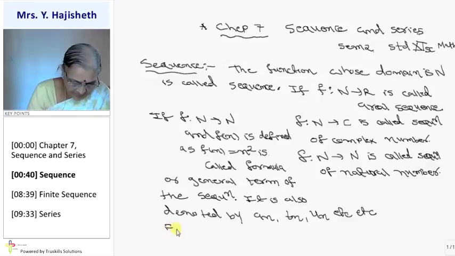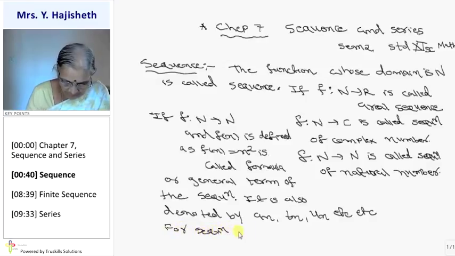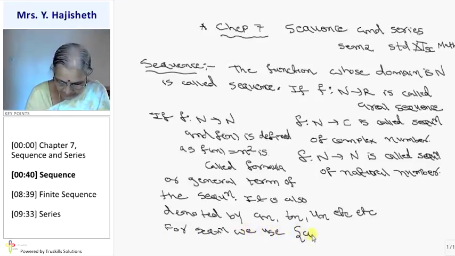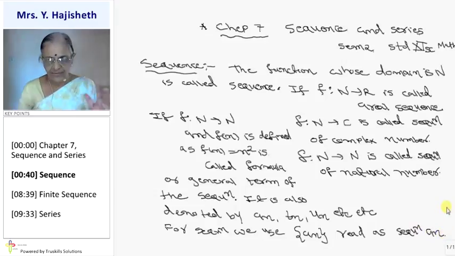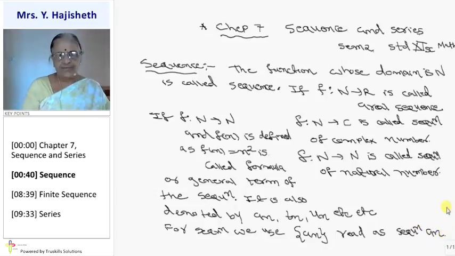And for a sequence we have another symbol. For a sequence we use a pair of braces and write an inside it. You read this as sequence an. When an is written in between a pair of braces, then it is called sequence an.